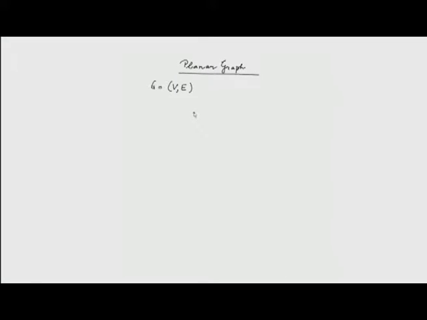In this lecture we will discuss planar graphs and Euler's criterion to decide whether a graph is planar or not. Now, so far we have talked about graphs, and we have been drawing diagrams of graphs on a plane.